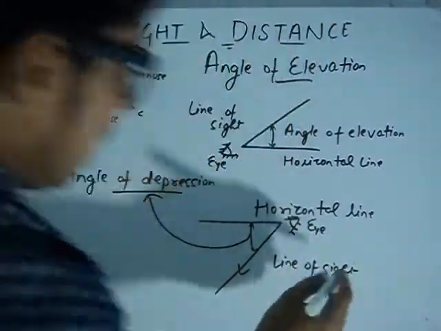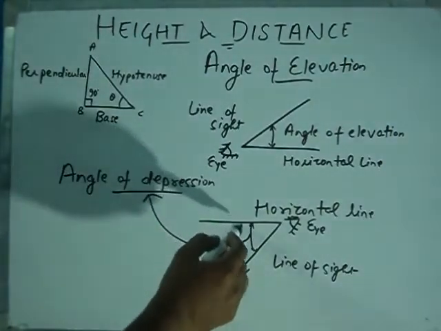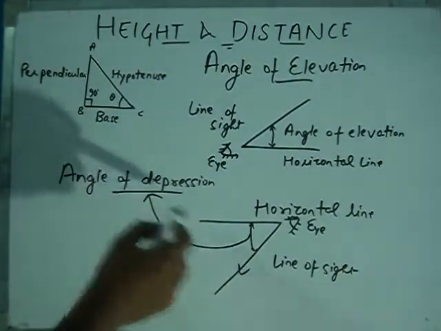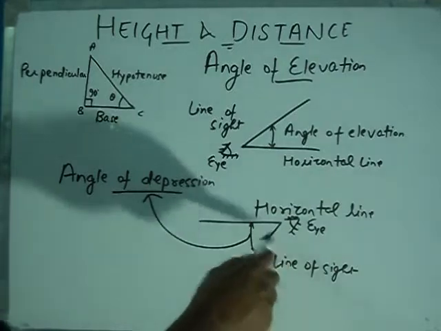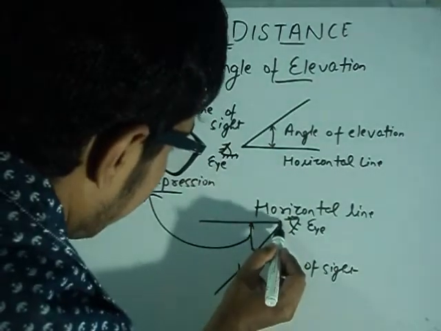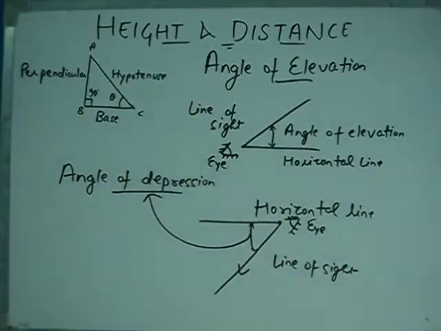It's a horizontal line, it's a line of sight, and we have the angle of depression like this, and the person is seeing something in the downward direction. These are the two important points of height and distance. With these and the trigonometric ratios, we can calculate each and every parameter which would be asked in any question.